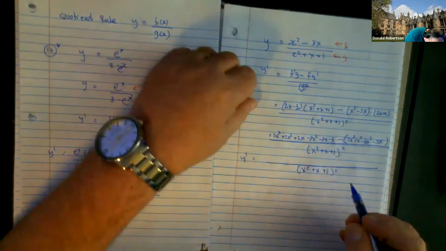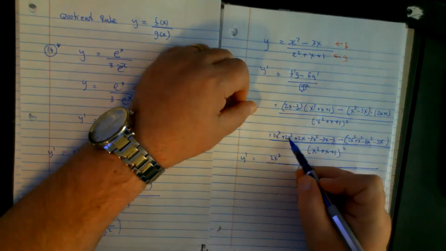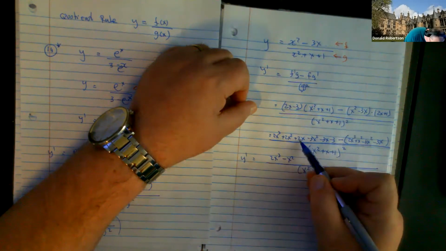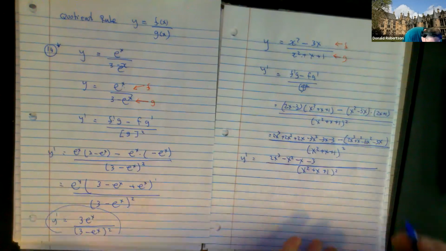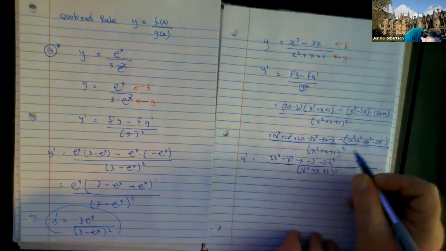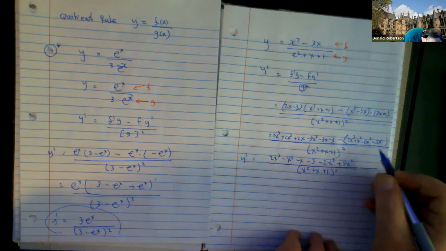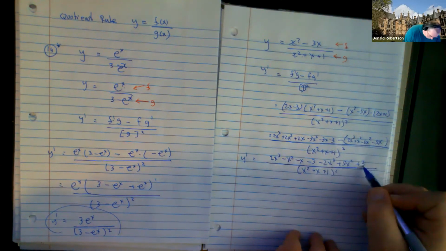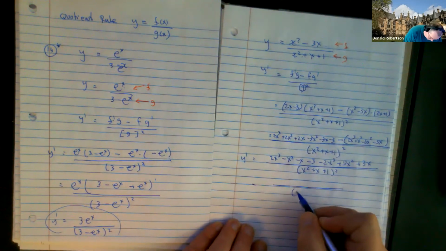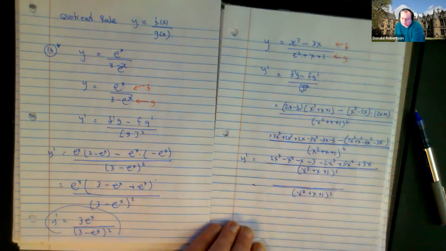So I can try and collect some terms here while we're at it. That's 2x cubed. 2, take away that is minus x squared. 2, take away that is minus x. There's a little bit of tidying up. That guy's on his own, so you'll take him away. And that guy gets you minus 5x, but when you take it away, you get 5x squared, and you get an odd 3x. Can you see anybody collecting like terms?